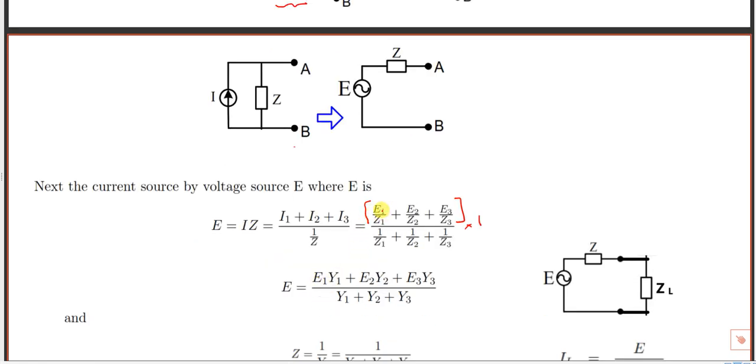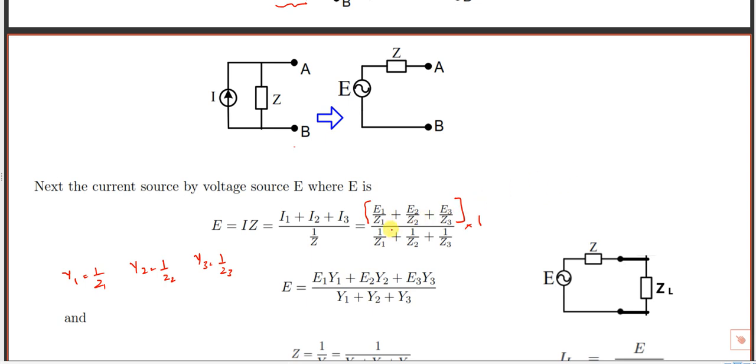Now this can be written as E1 by Z1 plus E2 by Z2 plus E3 by Z3. You can write it like this, or you can write E1 Y1 plus E2 Y2 plus E3 Y3, where Y1 is 1 by Z1, Y2 is 1 by Z2, and Y3 is 1 by Z3. You can use this formula, or you can write it in terms of admittance.